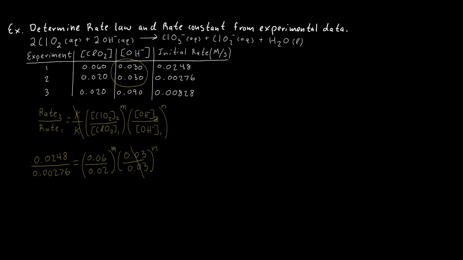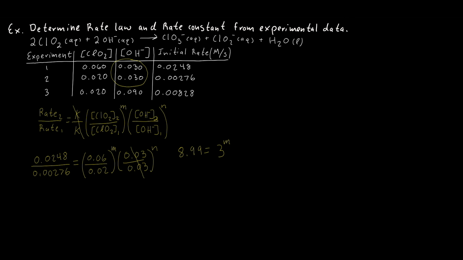So then, if we simplify this in our calculators, we should get 8.99 is equal to 3 to the m power. And we could solve this using logarithms, but the easier way is just to plug in the numbers that it could be.